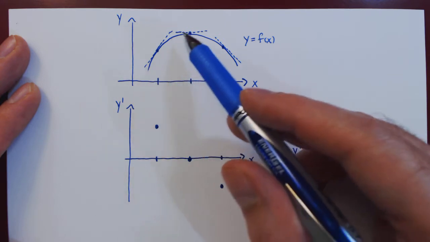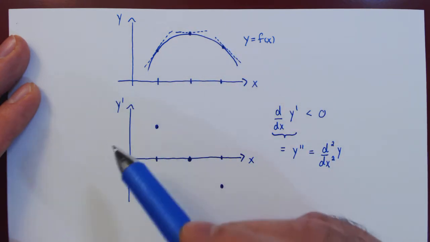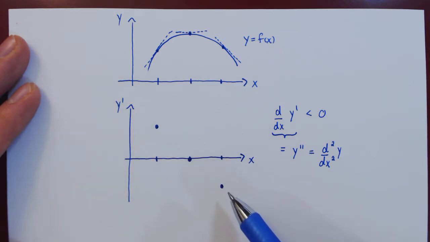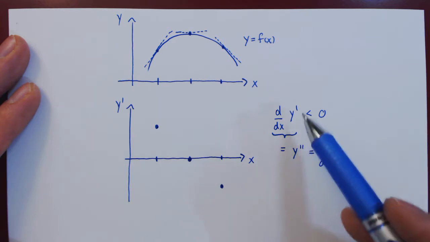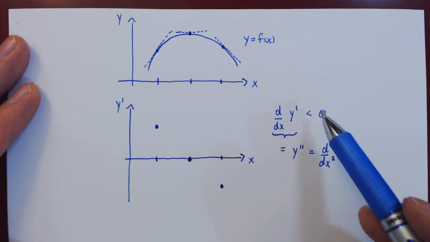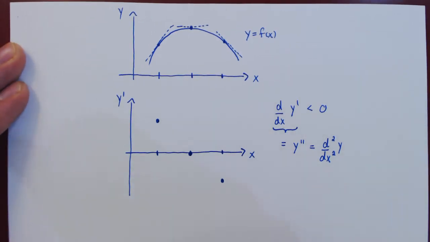The graph of a function can only be concave down if the graph of its derivative is a decreasing function, but a function, whatever it is, can only be decreasing if its own derivative is less than 0. And so we have our conclusion.